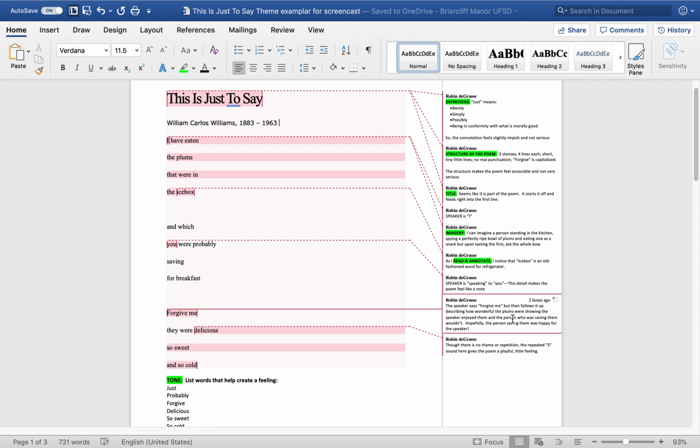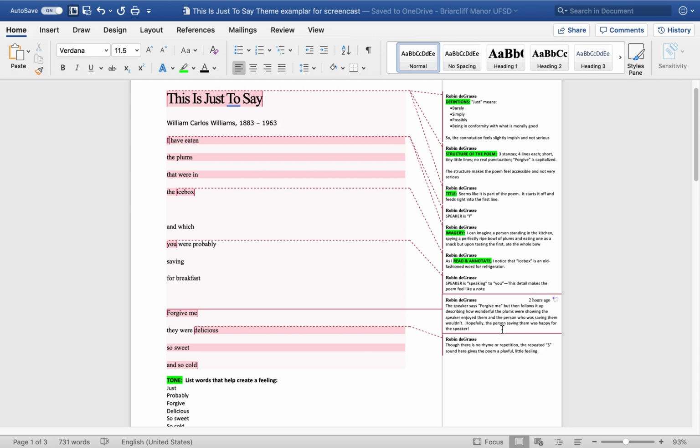And then up here we noted that the speaker says, forgive me, but then follows that up with a description about how wonderful the plums were, so sweet and so cold, showing us that the speaker really enjoyed them and the person who was saving them wouldn't get to enjoy them.